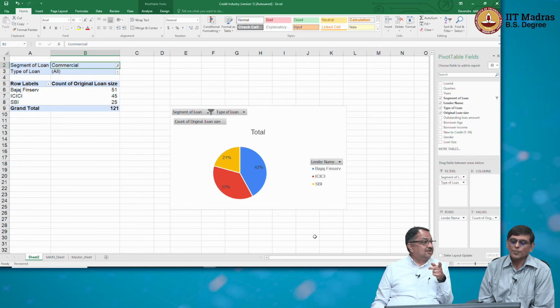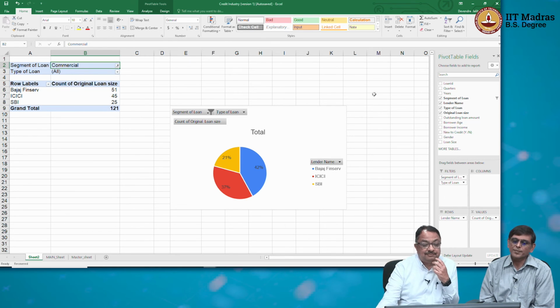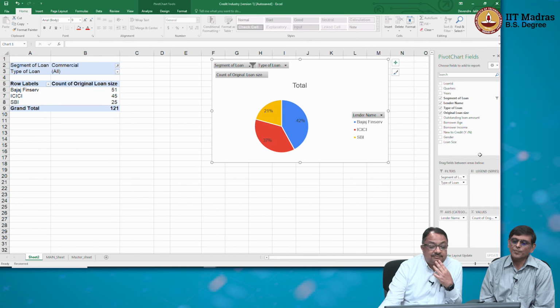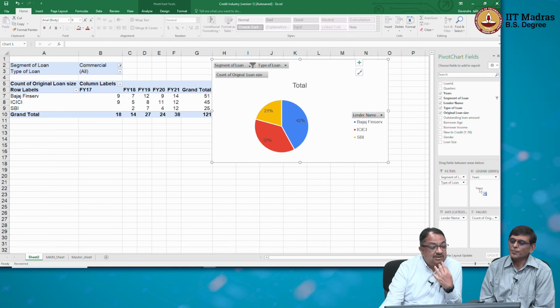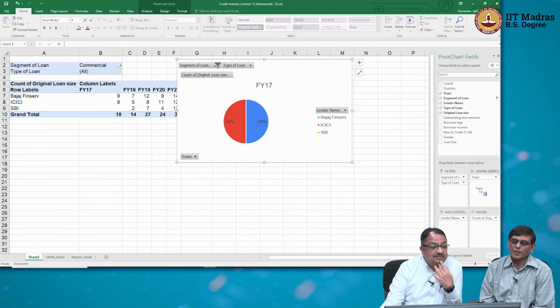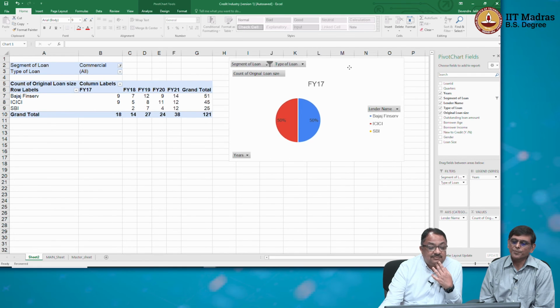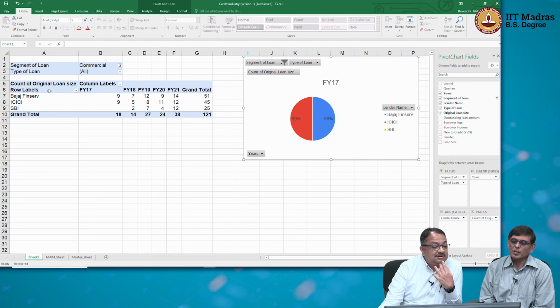You wanted to see the trend. The years were here. This is how we had done it, no? This is the trend for commercial loans. Number of loans is very small, you see.